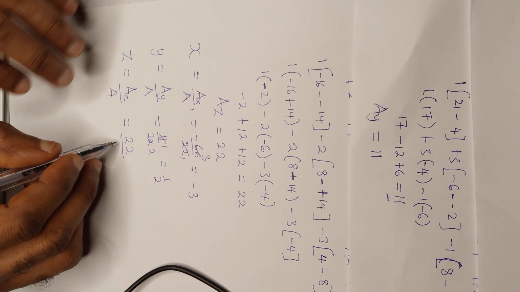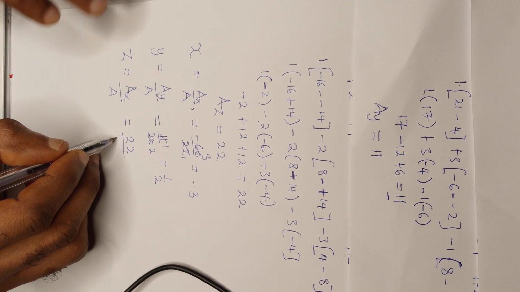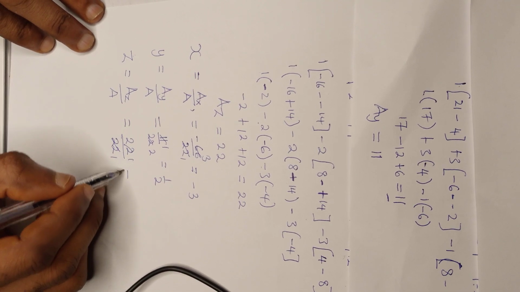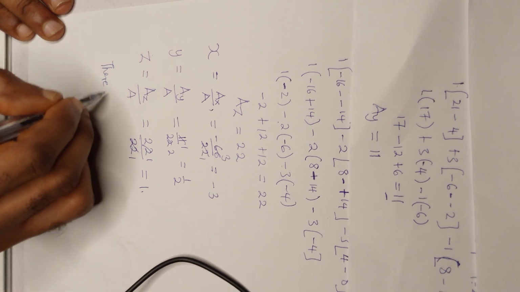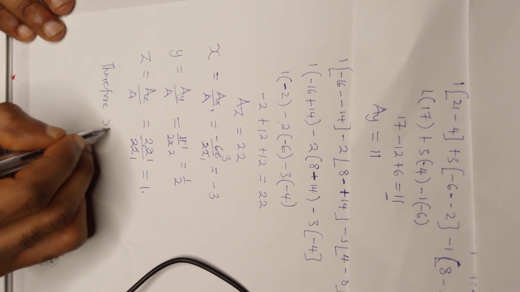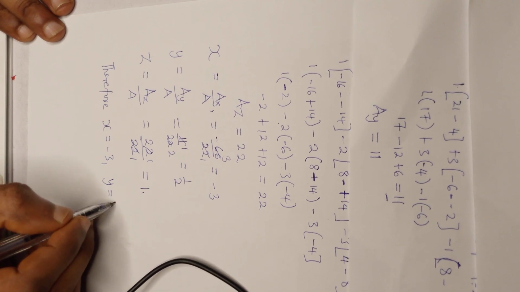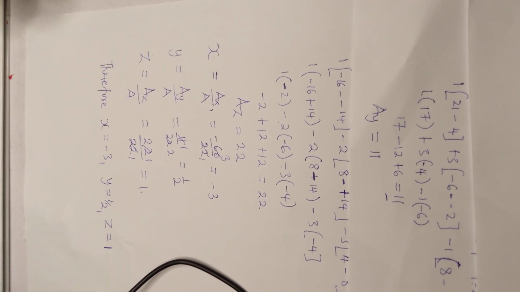Divided by our determinant for A, still 22. So we cancel 1, 1. So 1 divided by 1, 1. So we can now say, therefore, our x equal to minus 3, y equal to 1 over 2, and z equal to 1.